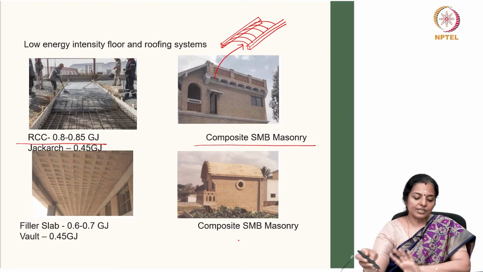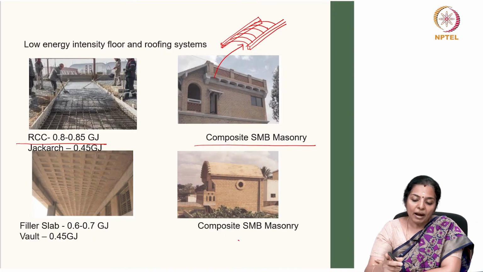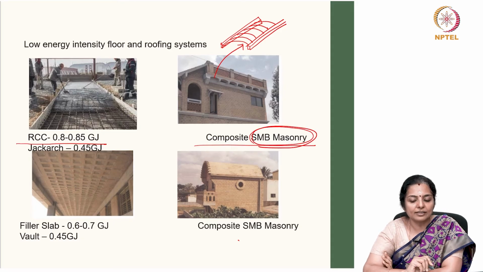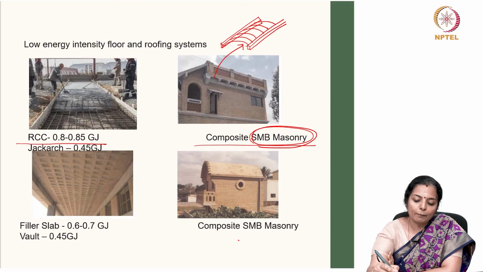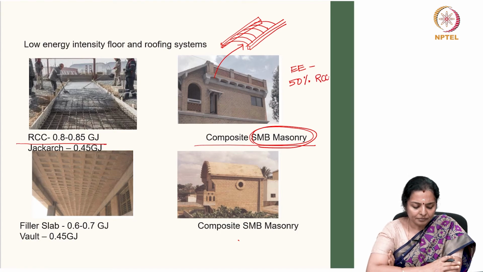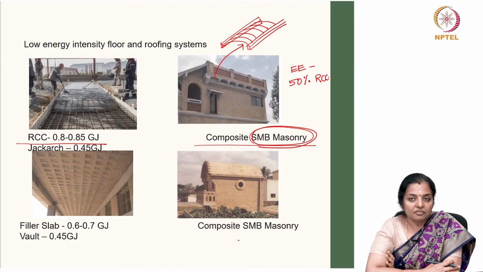And if you see, by virtue of using stabilized mud blocks as the fillers, their embodied energy is almost only 50% of RCC. Let us now look at the filler slabs.